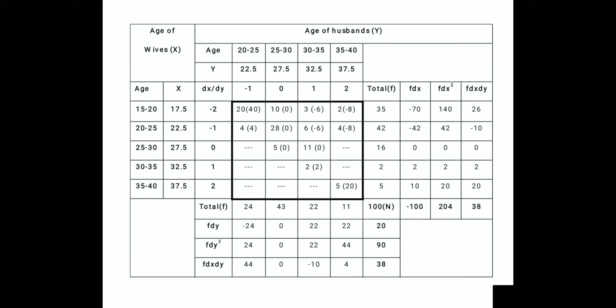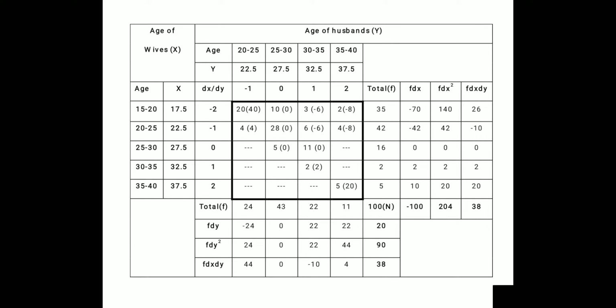To calculate the value of dx and dy, we should subtract the assumed mean from the x values, that is x minus x bar. So we have assumed 27.5 as the assumed mean of x. So the calculation here will be 17.5 minus 27.5 divided by the class interval gap.